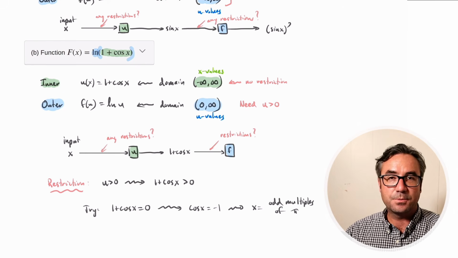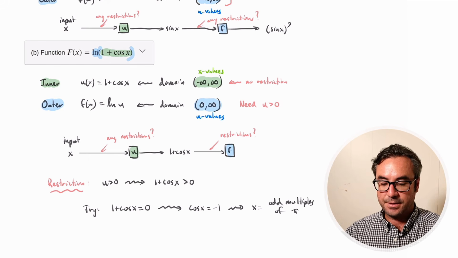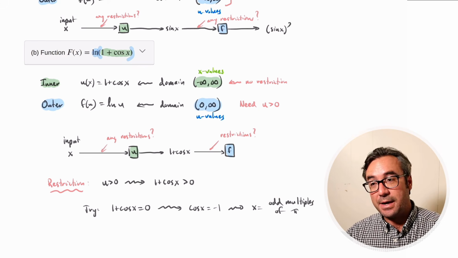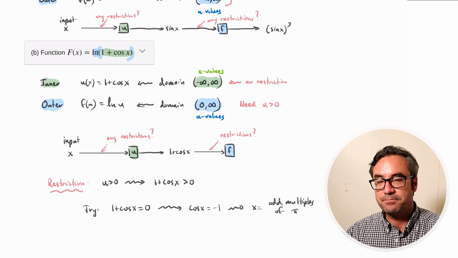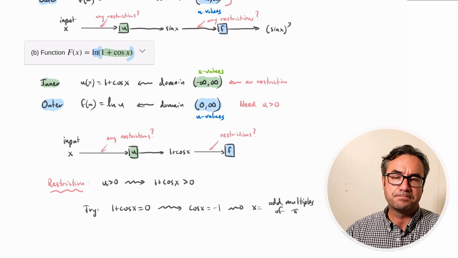So those are the places where cosine x is equal to -1. So pi, 3 pi, 5 pi, 7 pi, all the odd multiples.